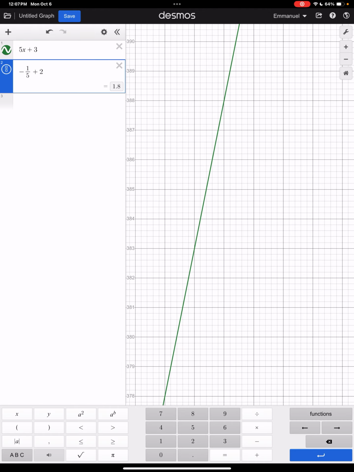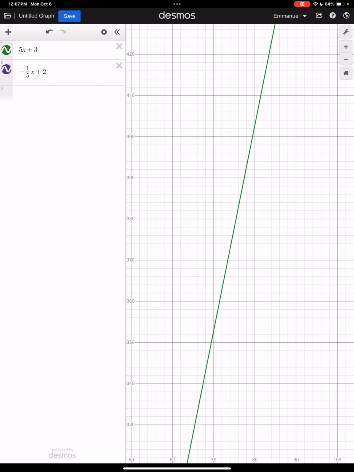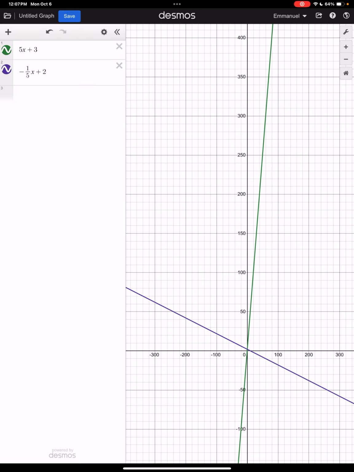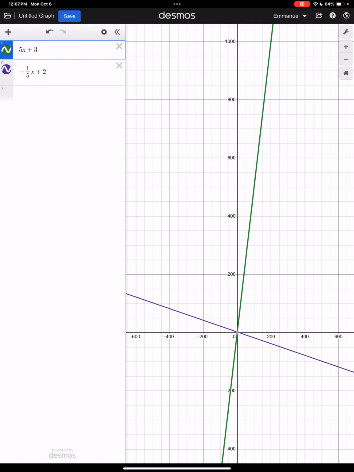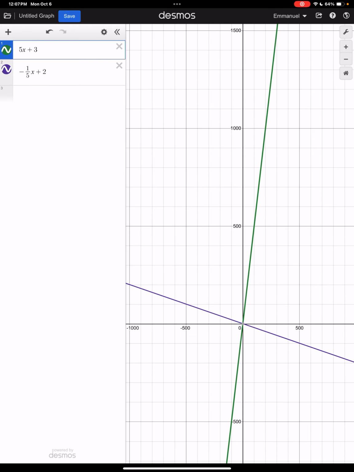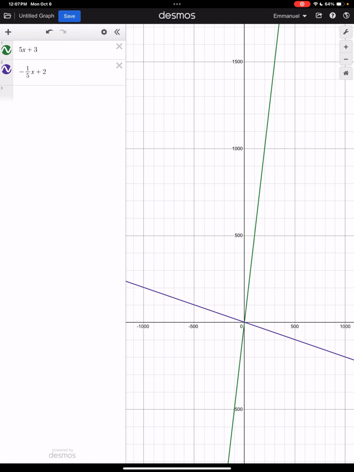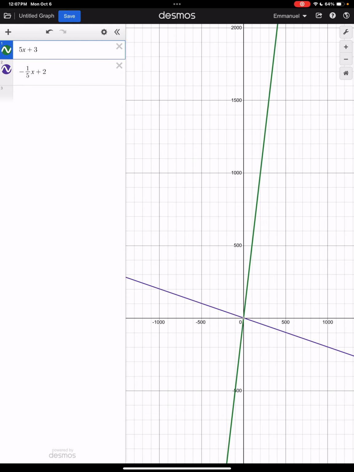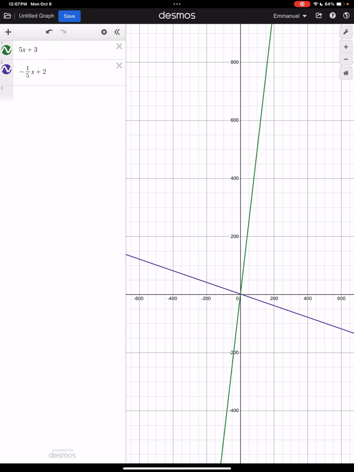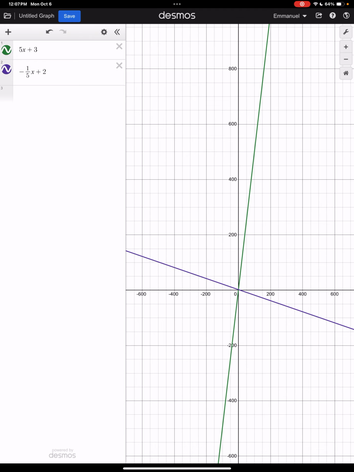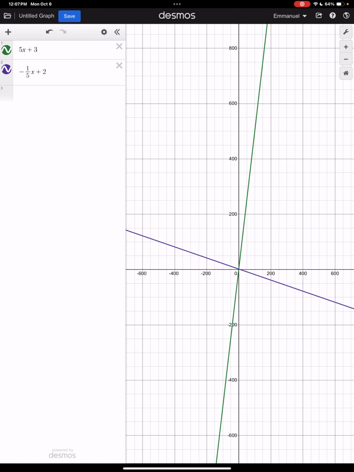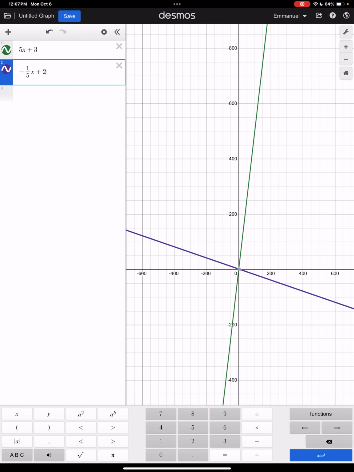I've got my x. Now, how do I scale this? I want to scale this equally. And yeah, these two lines here are perpendicular. The y-intercept only adjusts where my function is going to be, but these are perpendicular lines.